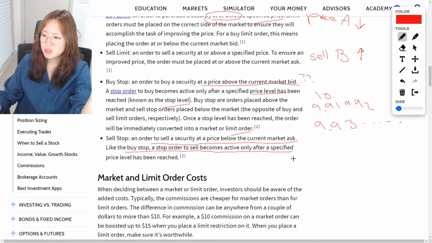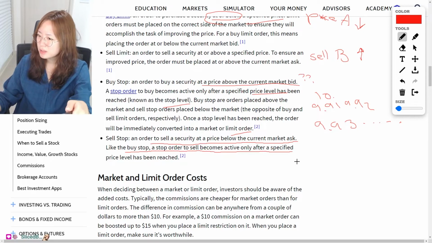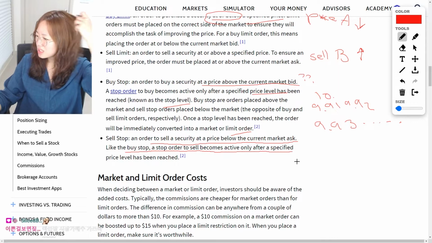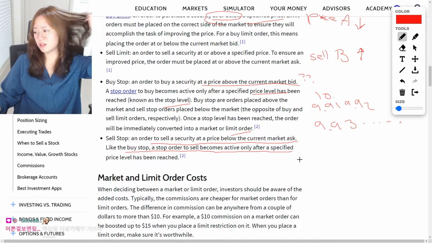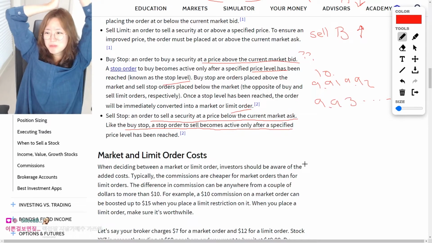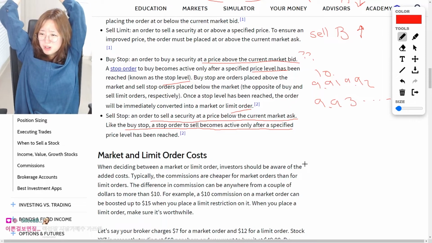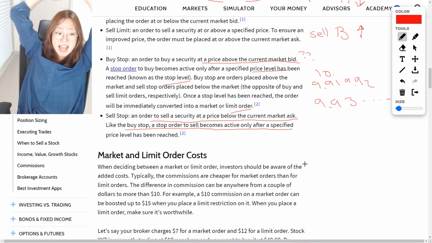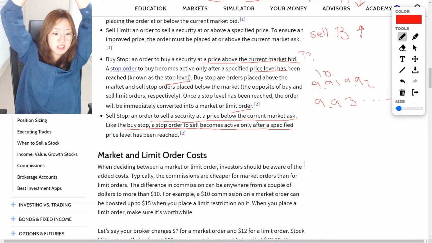Oh, what's the difference between sell limit and sell stop? 차이가 뭐야? 시장값에서 안 돼. 나는 리밋 해야 돼. 미국 시장 갈 거면. 뭔 소리고? 잠깐만. Okay. It becomes active after a specified price level has been reached.